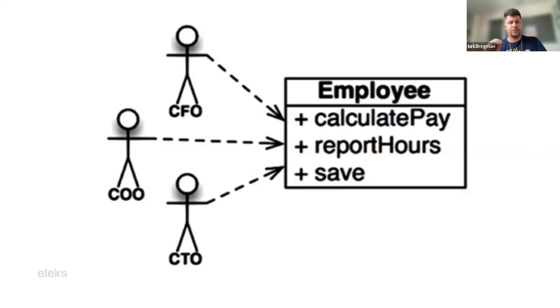For example, suppose that the calculatePay function and the reportHours function have a common algorithm for calculating non-overtime hours. Suppose also that the developers are careful not to duplicate code because of DRY, don't repeat yourself. So those developers put this algorithm into a hidden, private function called regularHours.